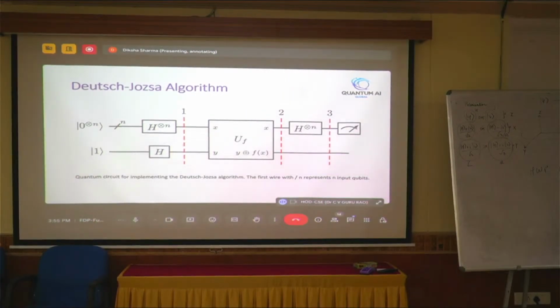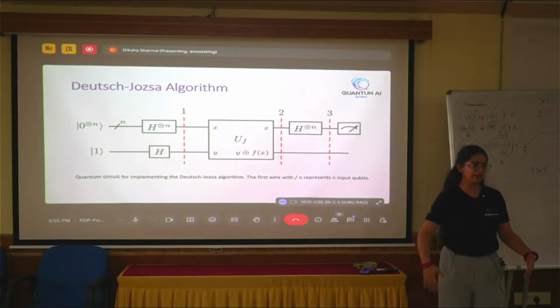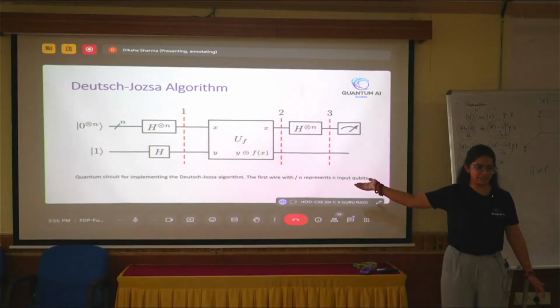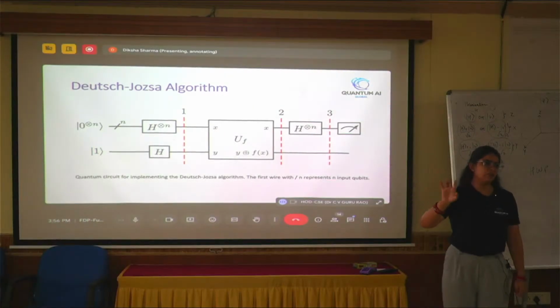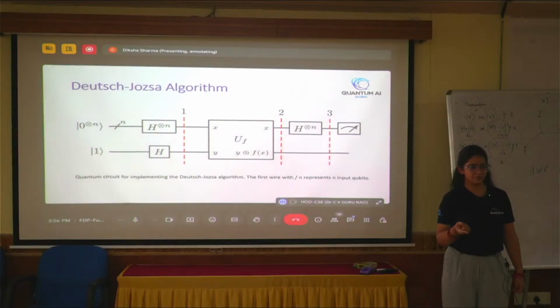So Deutsch came up with the function, the entire function. Deutsch claimed that with only one measurement, I can tell you whether the function is constant or balanced.